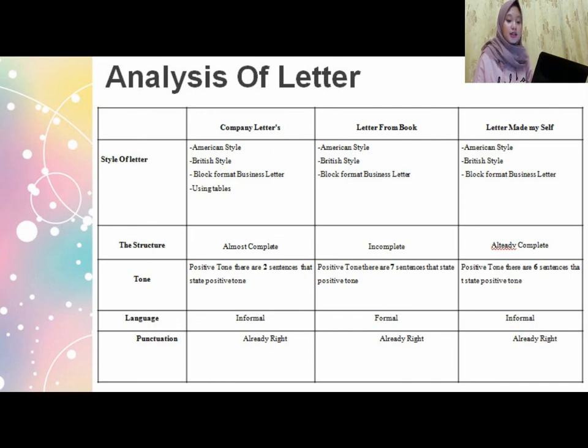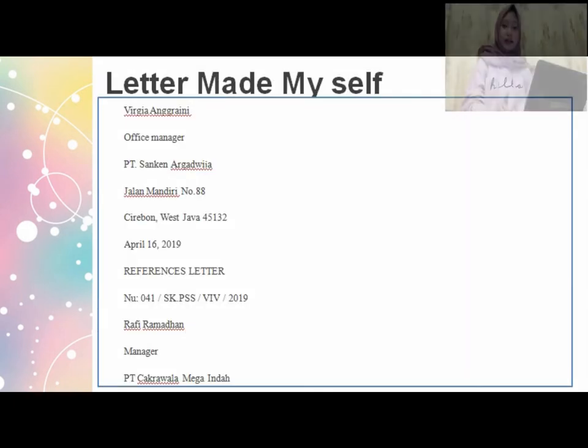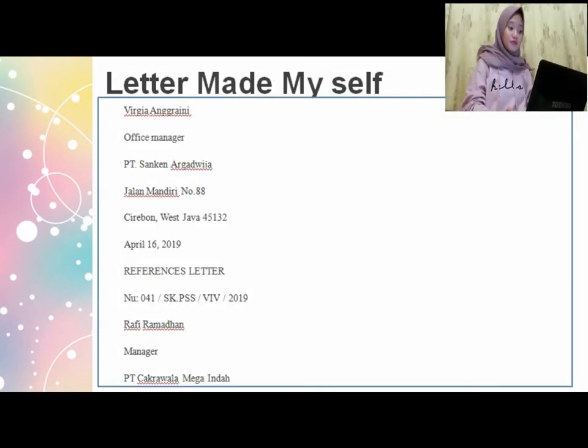There are 6 sentences that state a positive tone. Language of the letter made by myself. It is informal. And punctuation of the letter made by myself is already right. Next, I will show you the style of the letter made by myself.